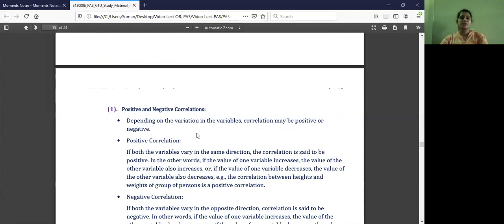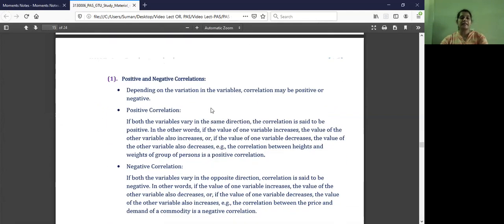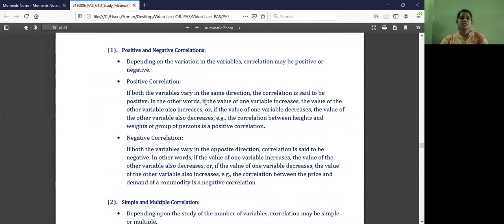So the first one is positive and negative correlation. What is positive and negative correlation? The definition of both: depending on the variation in the variables, correlation may be positive or negative.